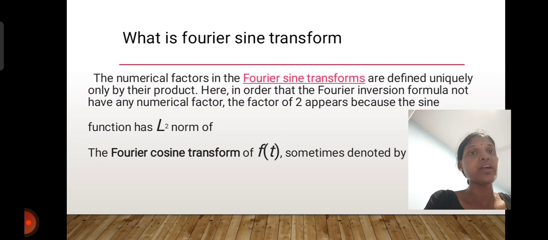The numerical factors of the Fourier sine transform are defined uniquely. The Fourier inversion formula does not have any numerical factor, and a factor of 2 appears because the function has an L2 norm.